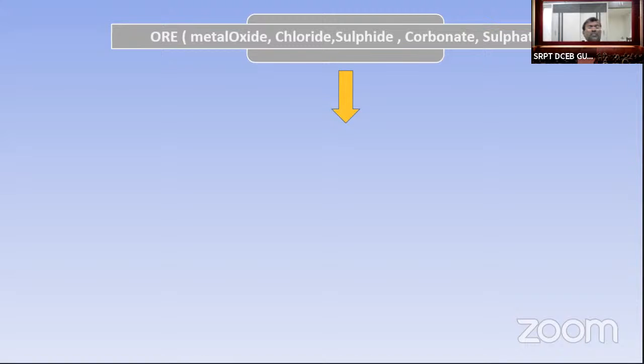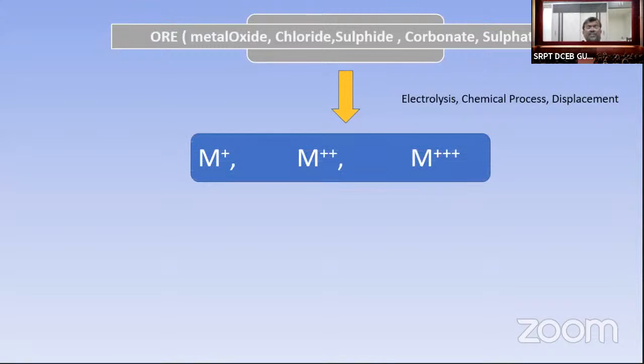The ore or mineral can exist in the form of oxides, chlorides, sulfides, carbonates, etc. By the method of electrolysis and a chemical process or displacement, for different reactive ores, we adopt different methods.